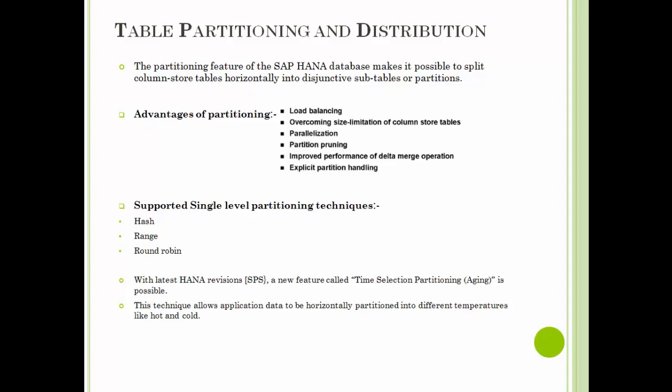Coming to the definition, the partitioning feature of the SAP HANA database makes it possible to split column store tables horizontally into disjunctive subtables or partitions, which can be operated on different hosts in case of a distributed system, and make use of the parallelism option and the multi-core scenario that we have with SAP HANA. And what are the advantages?